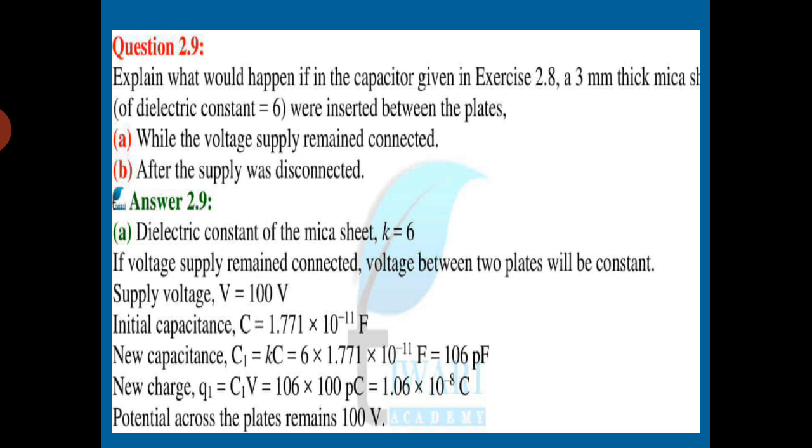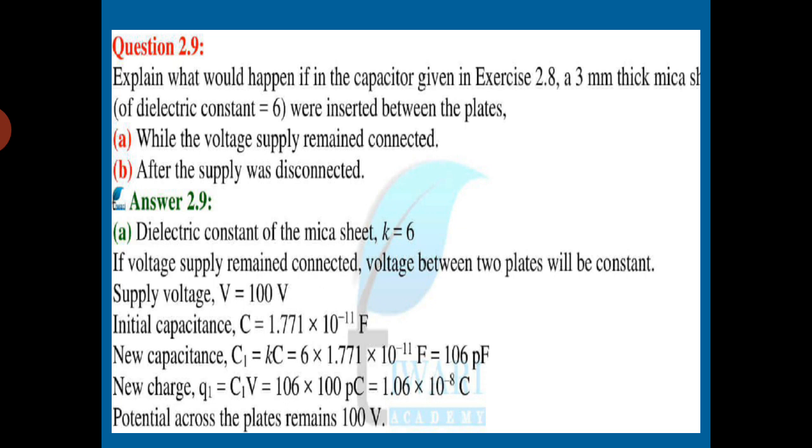It becomes K times the initial value. So, C1 is equal to K times C. Put K equal to 6, C equal to 1.771 × 10^-11 and calculate C1. It is equal to 106 picofarads.